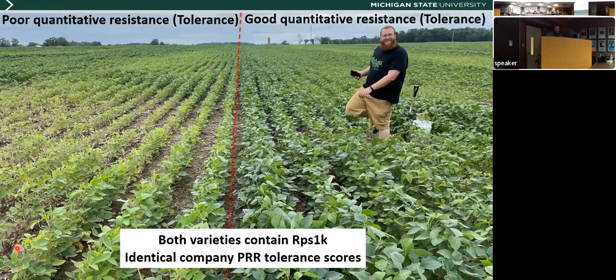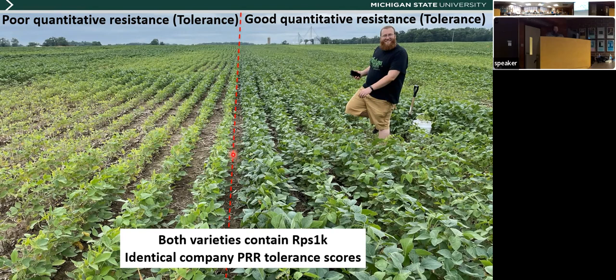So an example of quantitative resistance, this was a field that we were in, in Michigan, where the farmer planted 2 different varieties of soybean. Both varieties contained identical RPS genes, and according to the company catalog, had identical Phytophthora root rot tolerance scores. So they should have equal resistance to the Phytophthora in this field, but obviously you can see that that is not the case.